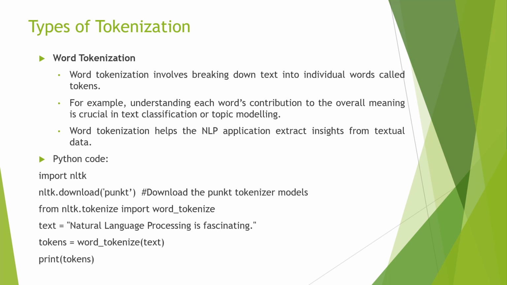From the NLTK module, we have the tokenize submodule, so we can import the word tokenizer from this module. Initially we set the text that will be split into words. Then we call the function word_tokenize, passing this text as an argument. It generates tokens in the form of words, which are split from the given text.